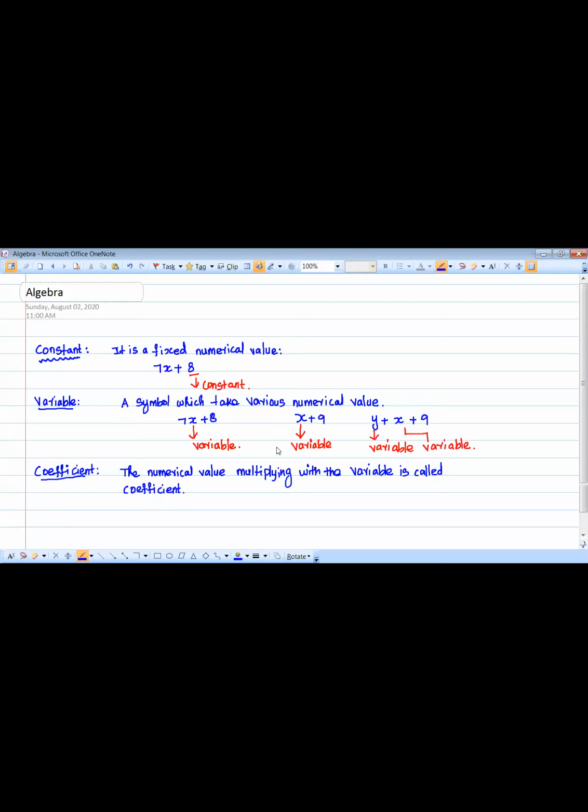The numerical value multiplying with the variable is called coefficient. Okay. So what is coefficient? Let me give you one example.